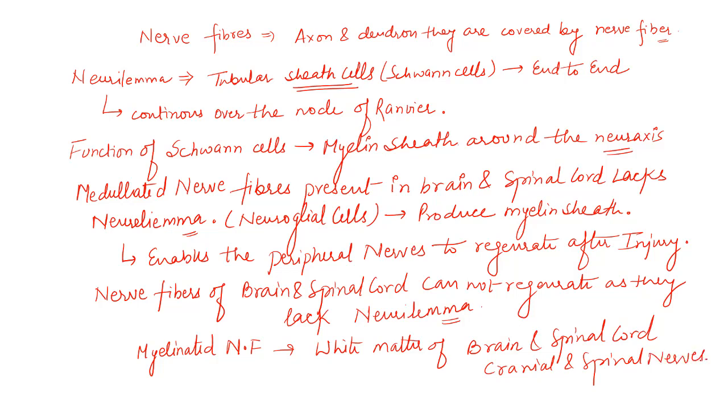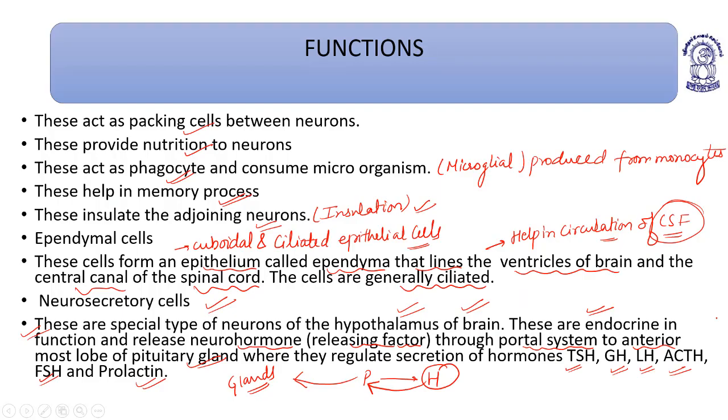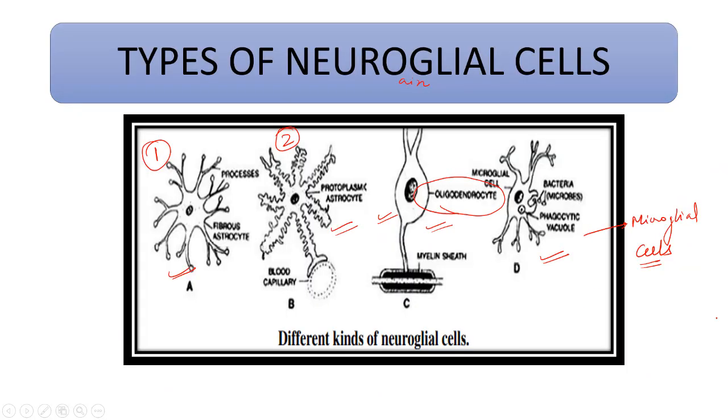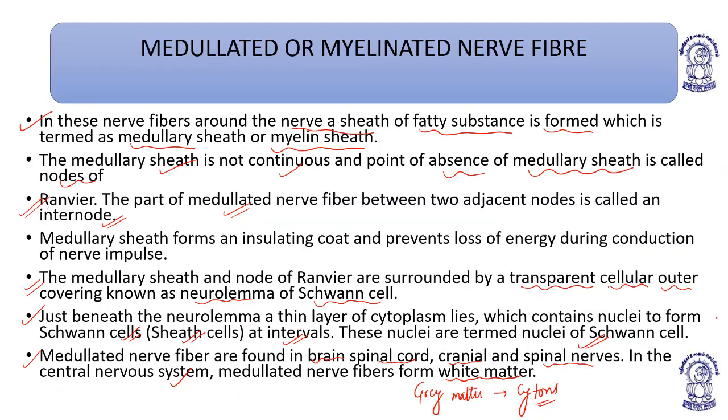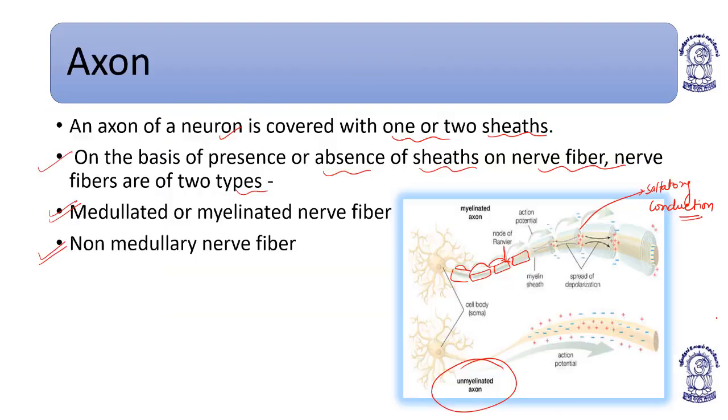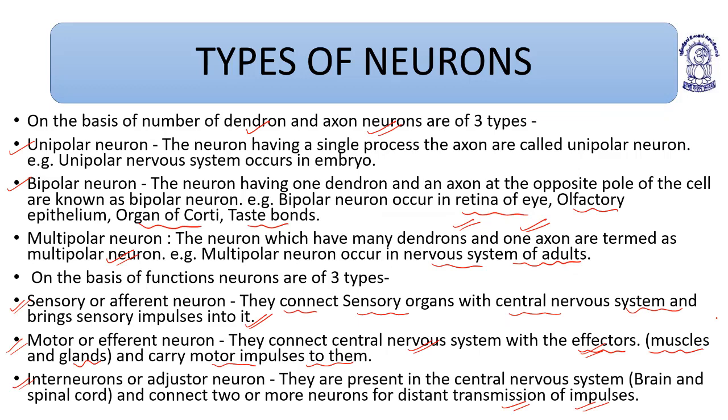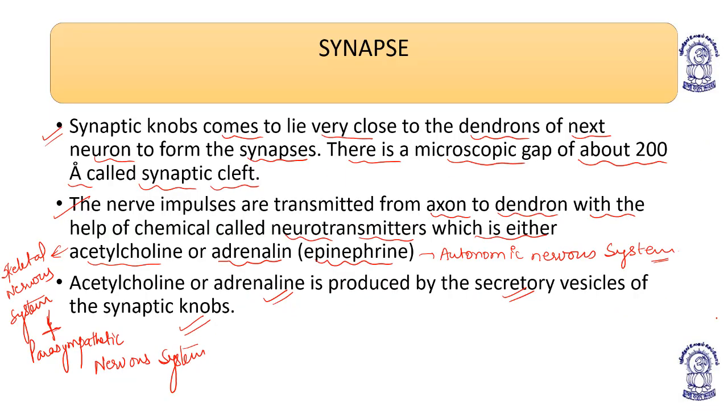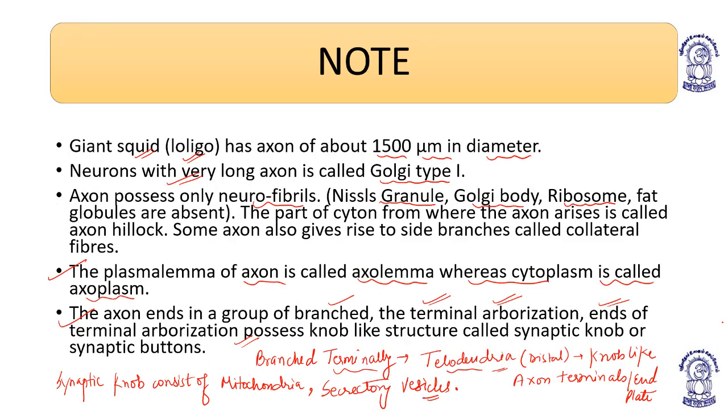So this is all about the nervous tissue. We have discussed everything except the physiology, meaning the function and the types of different nervous systems. We will be discussing the nervous system and its types when we study human physiology. So please go through this slide and the previous slides.